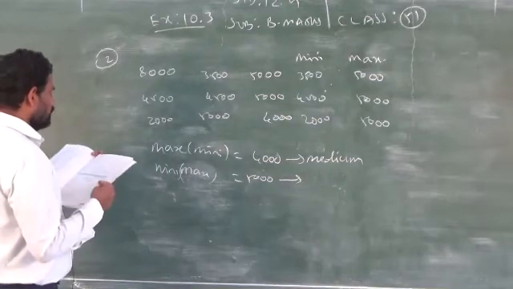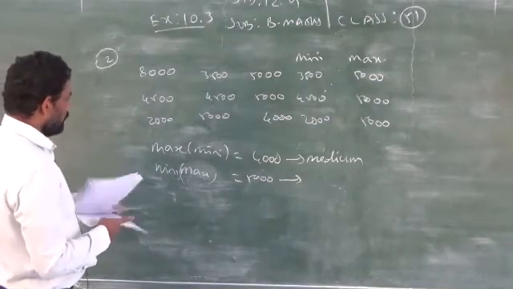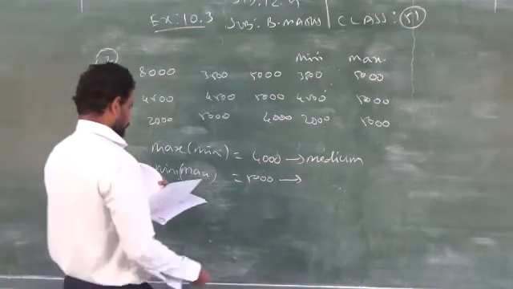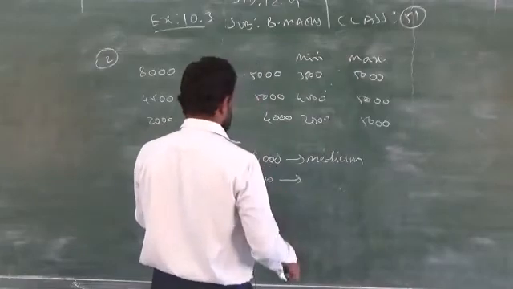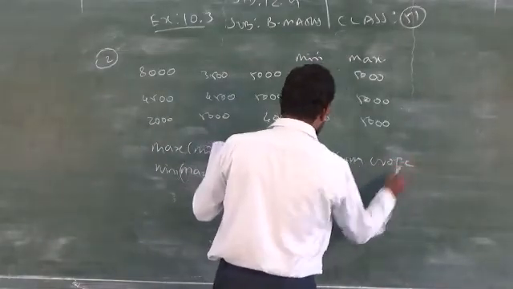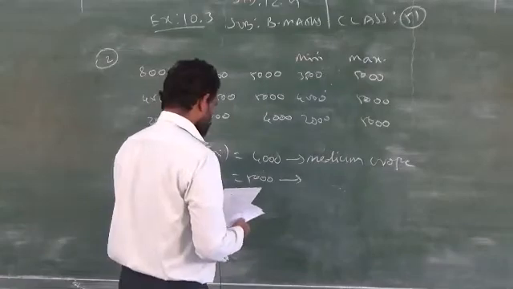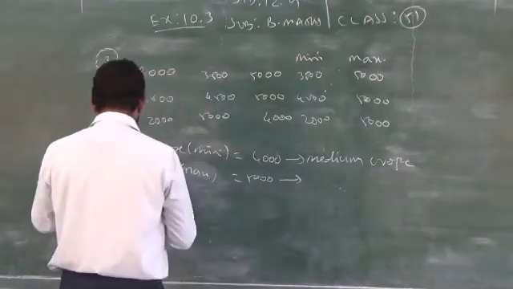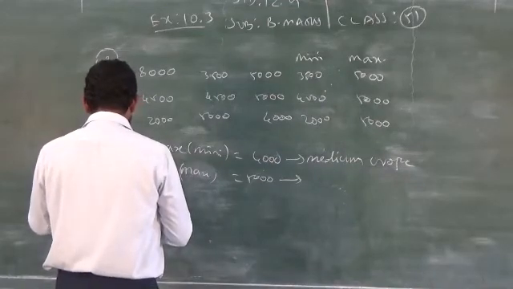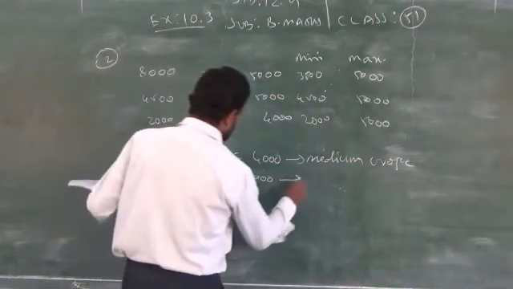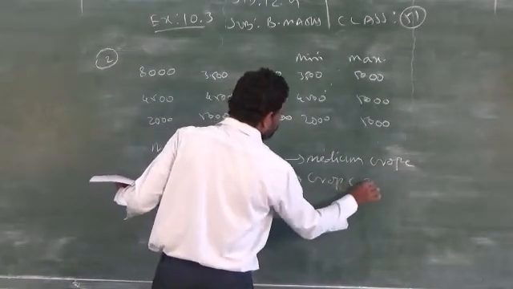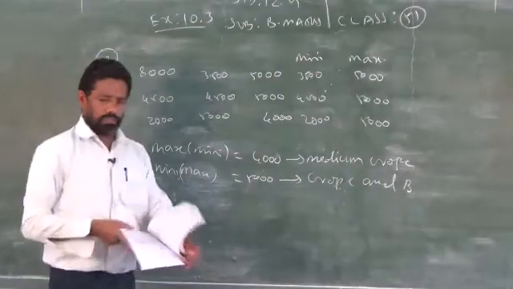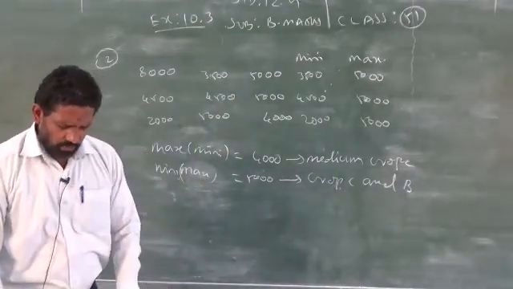In the answer for 2, it is given as group C, that is 4,000 comes under group C, and this 5,000 comes under group B and C. You have to write down the result like this, otherwise if you write it they will give marks. Clear? So this is the answer for question number 2.